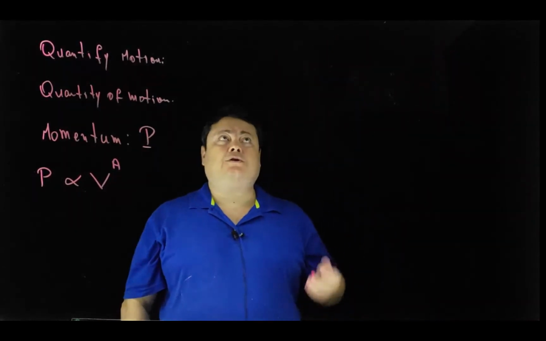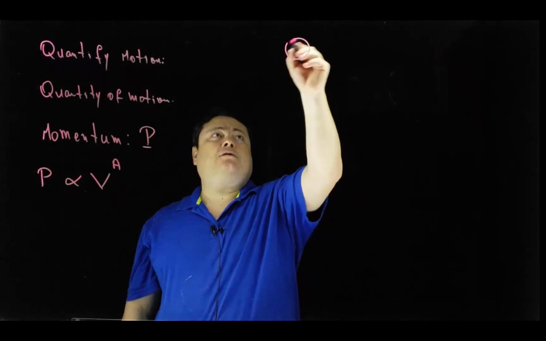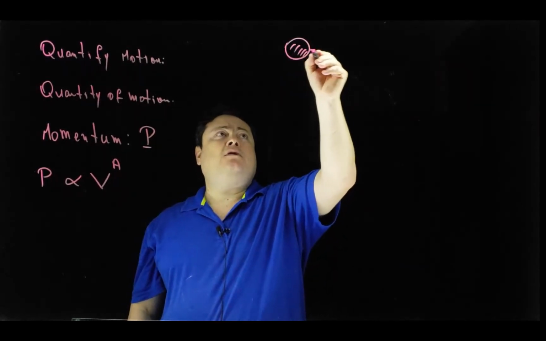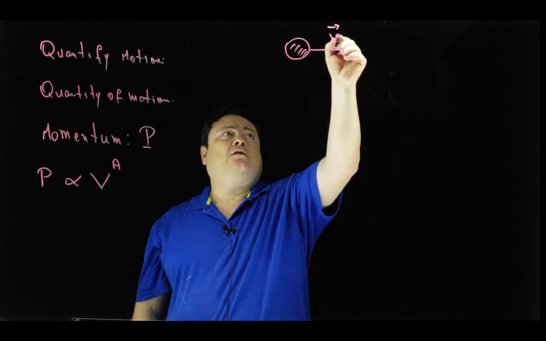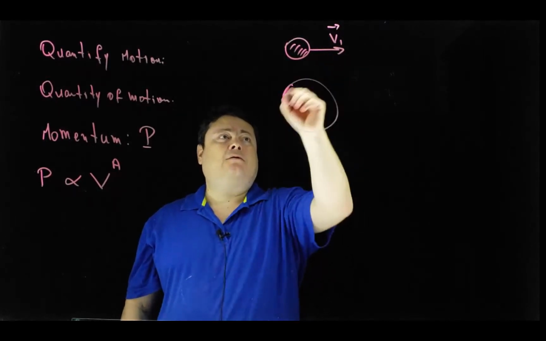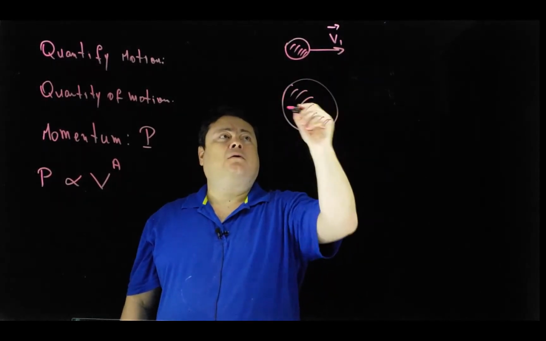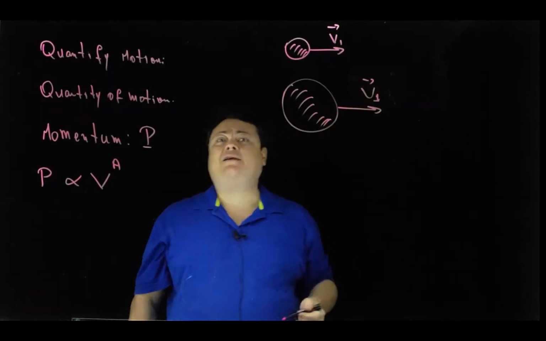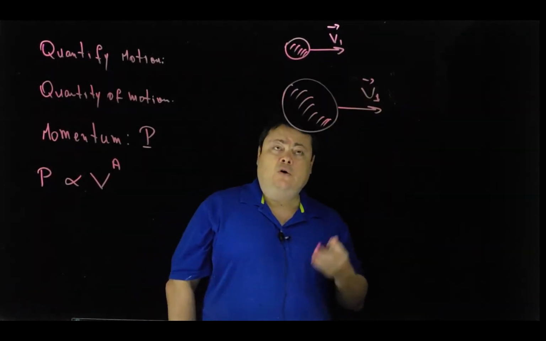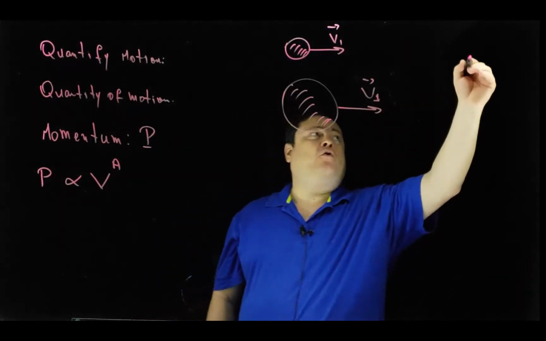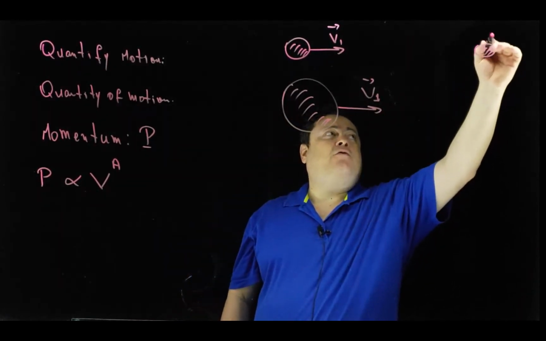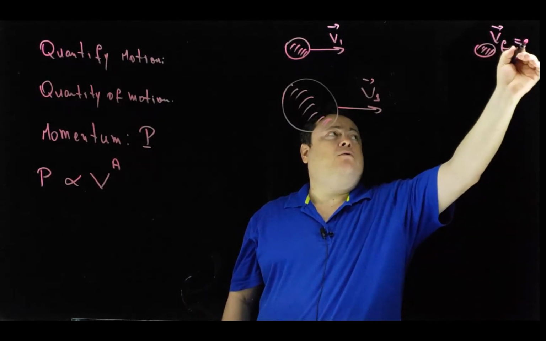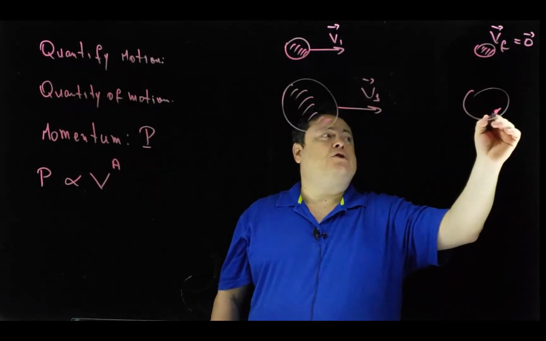Let's also consider two objects moving with the same initial velocity v1, but the second object is more massive than the first one. Which of the two requires more force to reach a final velocity equal to 0?